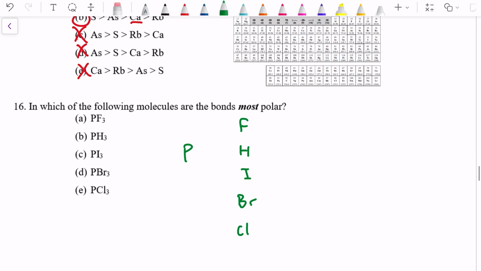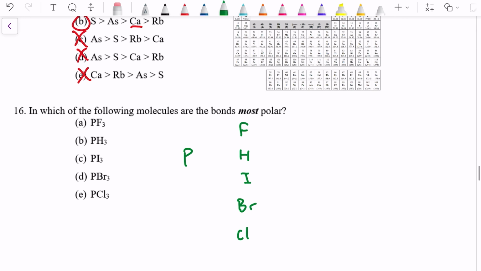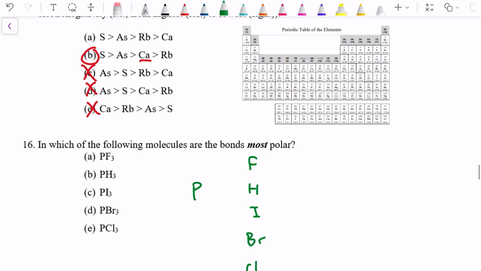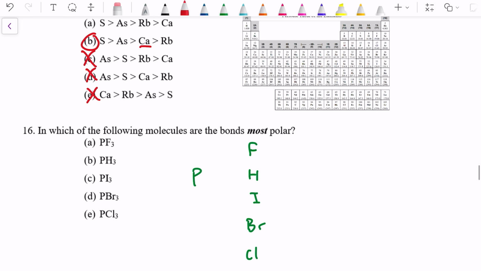Anyways, the most polar bond is going to be the one with the greatest difference in electronegativity. All of these, other than maybe hydrogen, I'm not sure, are going to have greater electronegativity than phosphorus. So what we're looking for is the element that has the greatest electronegativity.